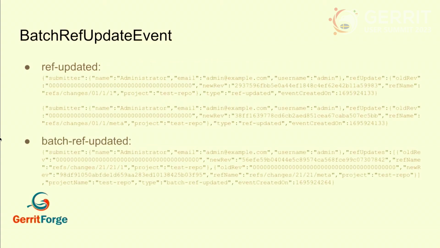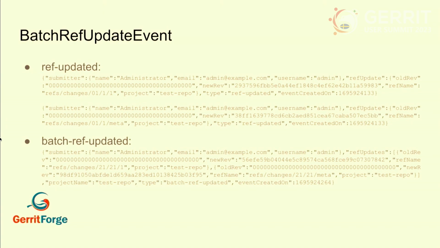So this is how the new event looks. On the top, you have the ref updated event, which is the old way. As you can see, when you're creating a change, you are getting two separate events, and you don't have the context that they belong to the same update, and basically it's more noisy as well. In the new batch ref updated event, everything is coming as a single event.